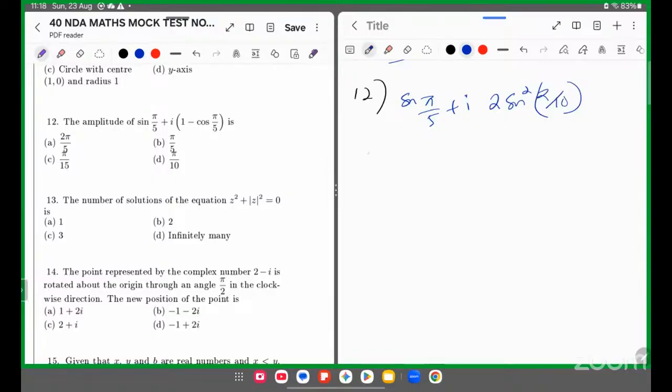And sine pi by 5 I can write as 2 sine pi by 10 cos pi by 10 by using the multiple angle formula, plus iota 2 sine square pi by 10.